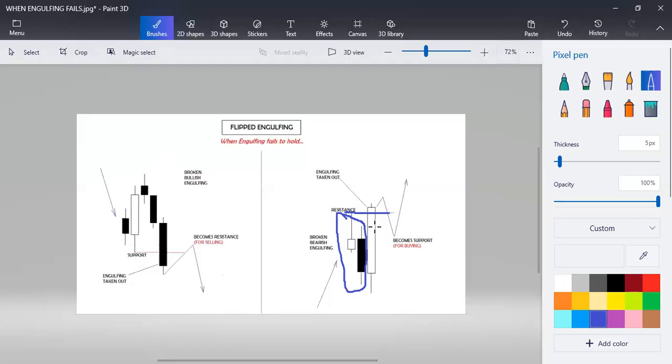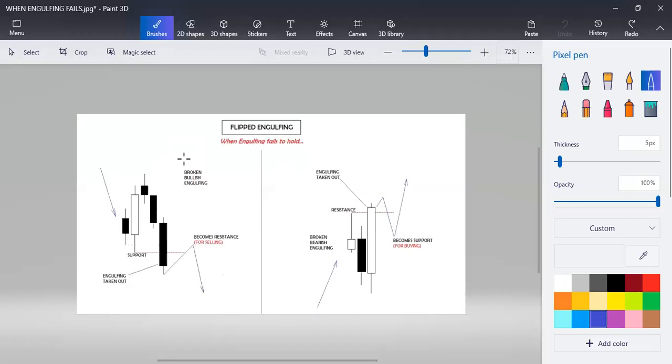When price got back into the zone, you were supposed to sell, but it was finally taken out. Instead of coming down, it will retrace, then push higher. That's the new buy. So we now say this resistance has now turned into support. That is the logic behind the failed engulfing pattern.